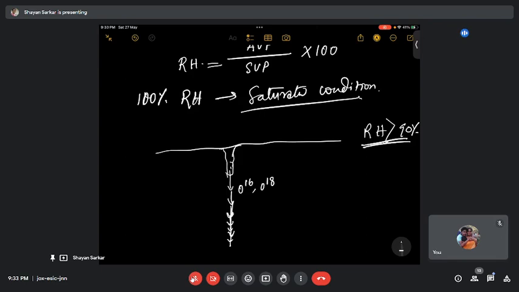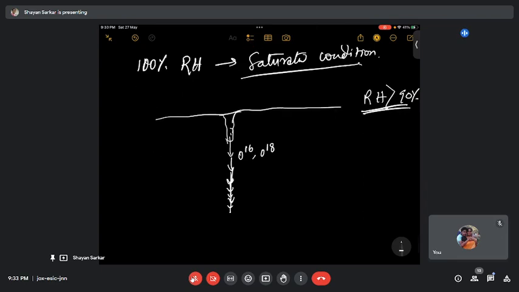So those who work with karst topography landforms always like to collect their samples where the relative humidity reaches more than 90%. So they get the opportunity to calculate the ratio of O18 to O16. Okay, clear?